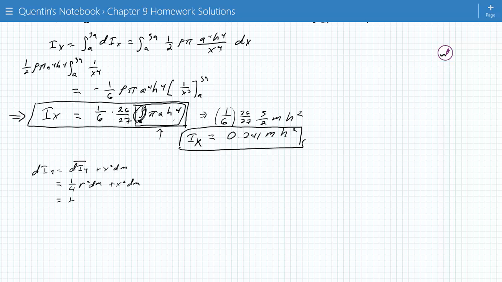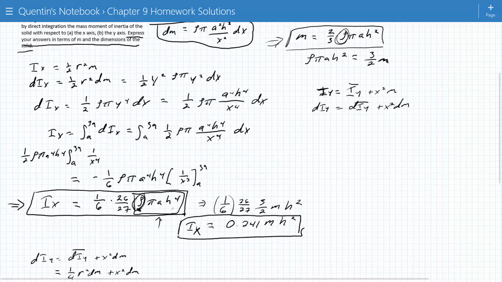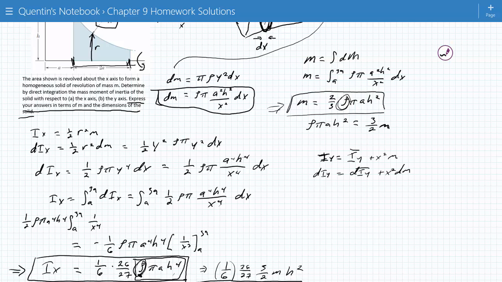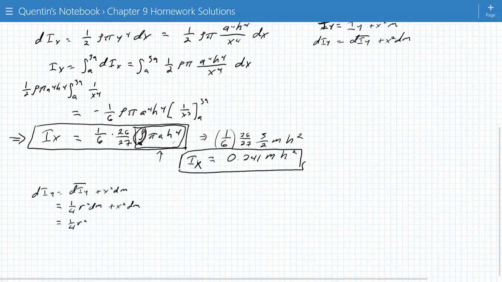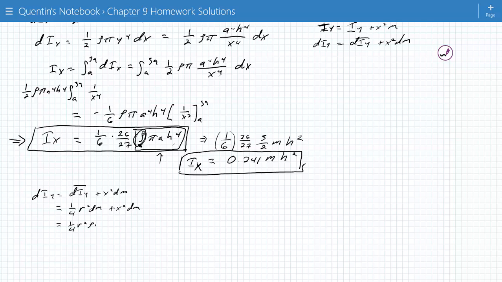So you end up with 1/4 r squared. And dm is, we just got it, remember dm is right here. And so dm is rho pi r squared dx. So I'm just going to write rho pi r squared times dx.